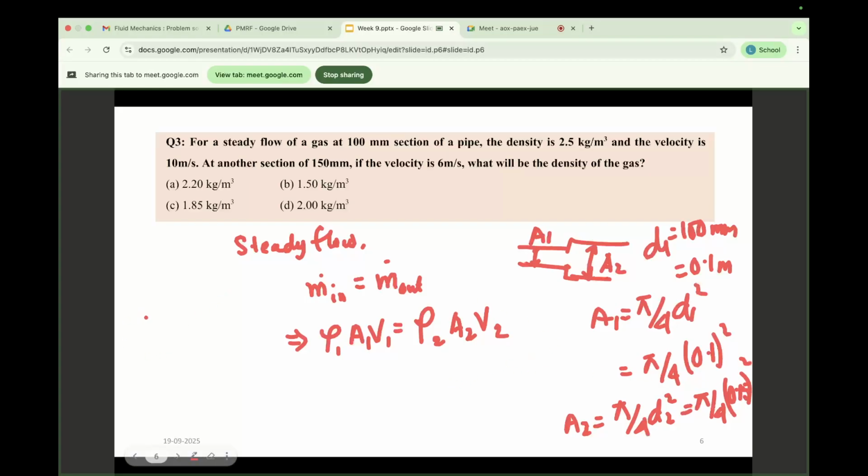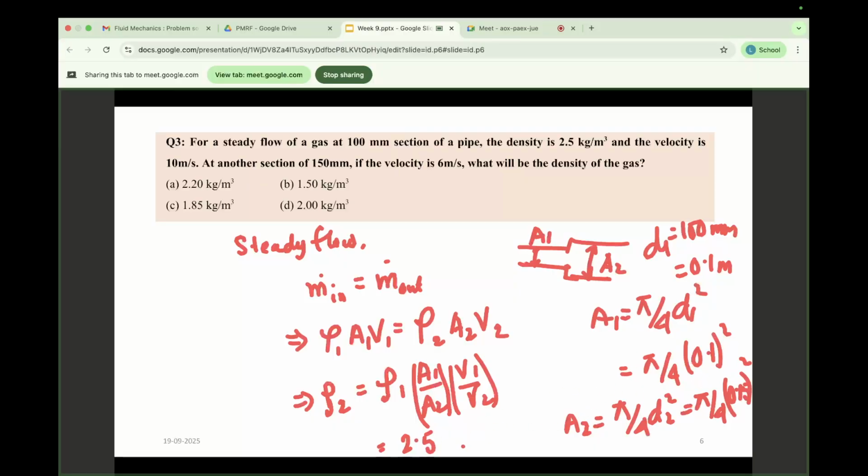So accordingly, what I need to find out is rho 2. So this rho 2 is rho 1, I kept it same, into A1 by A2, into V1 by V2. That is quite simple in this scenario. This rho 1 is 2.5, already given.